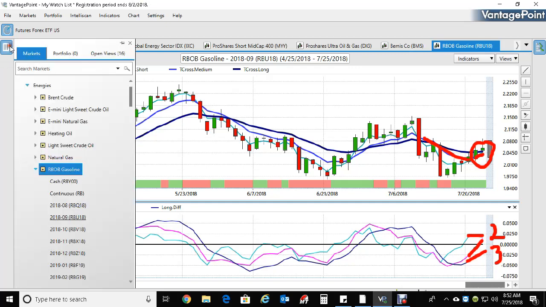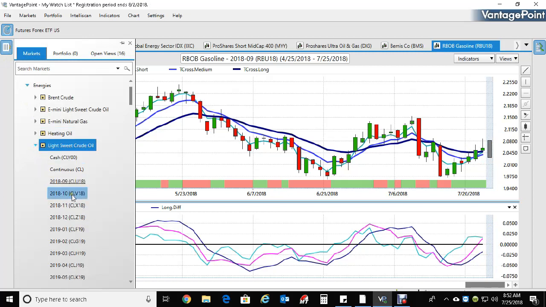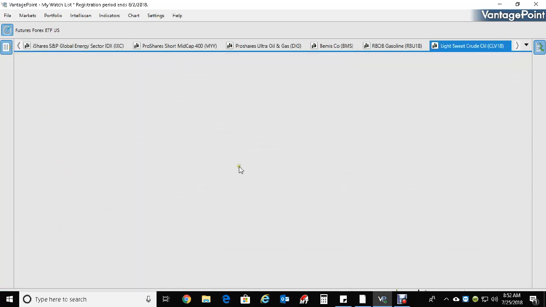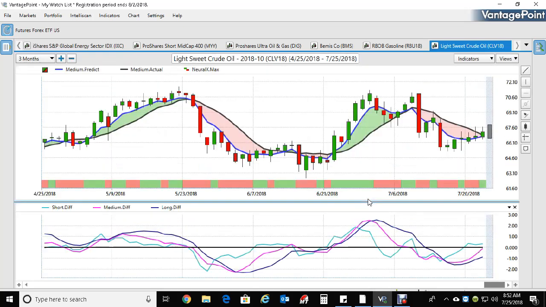Now let's talk about another one right here. Light sweet. See that? What does the software tell us here? It's the same thing.